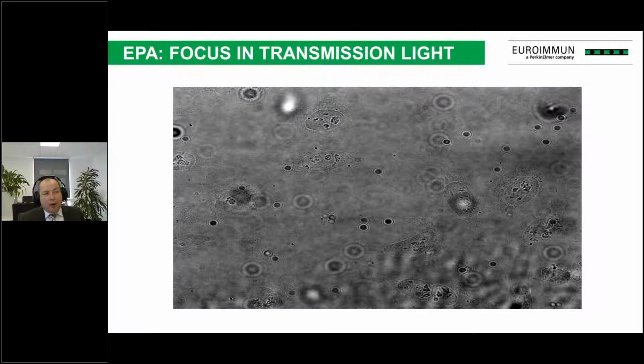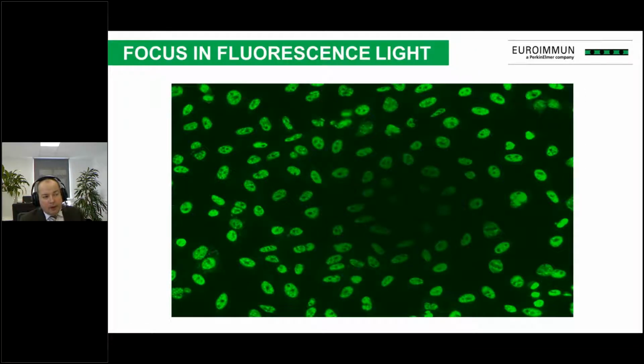We're looking for a structure like here, nucleus and nucleoli. And based on the structure, we find the correct focus position without bleaching. It means images like this will not be produced by our system. Our system always gives you the first fluorescence.